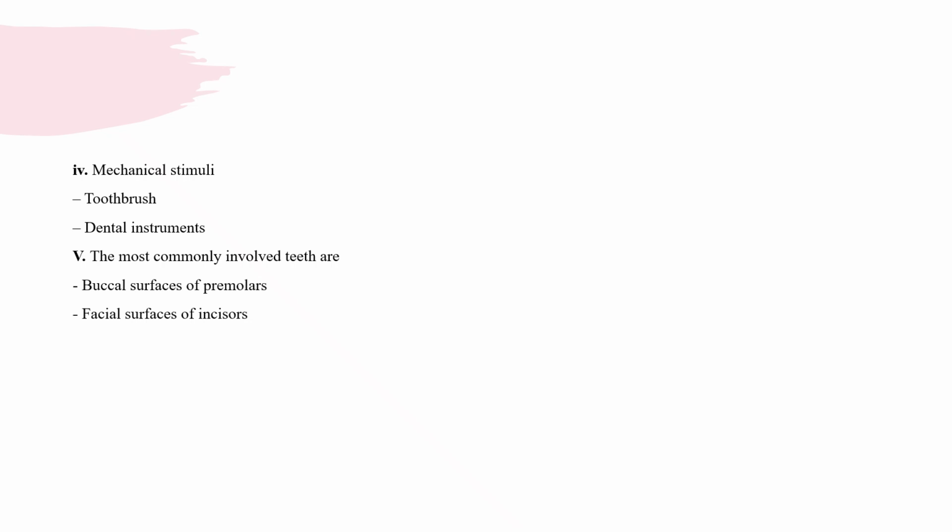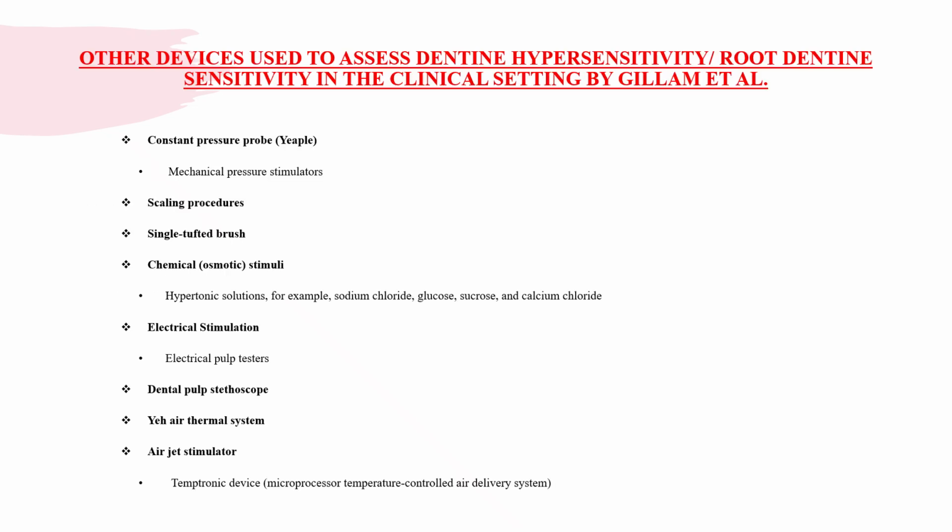The most commonly involved teeth are the buccal surfaces of premolars and facial surfaces of the incisors. Other devices used to assess dentin hypersensitivity or root dentin sensitivity in the clinical setting, given by Gillen et al., are the constant pressure probe by Yeaple, then scaling procedures, single tufted brush, chemical stimuli, electrical stimulation, dental pulp stethoscope, air thermal system, and air jet stimulator.